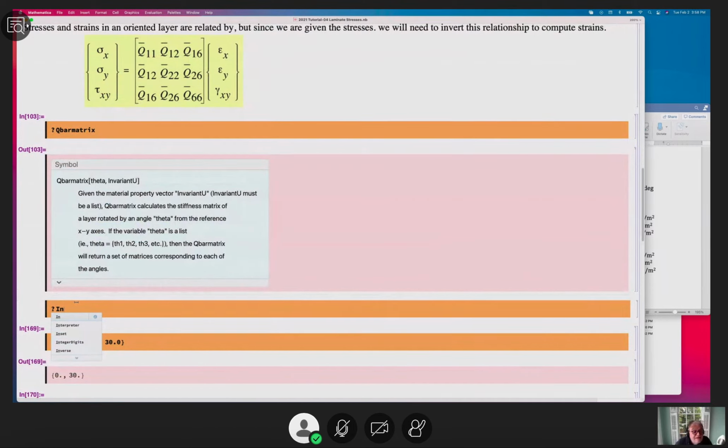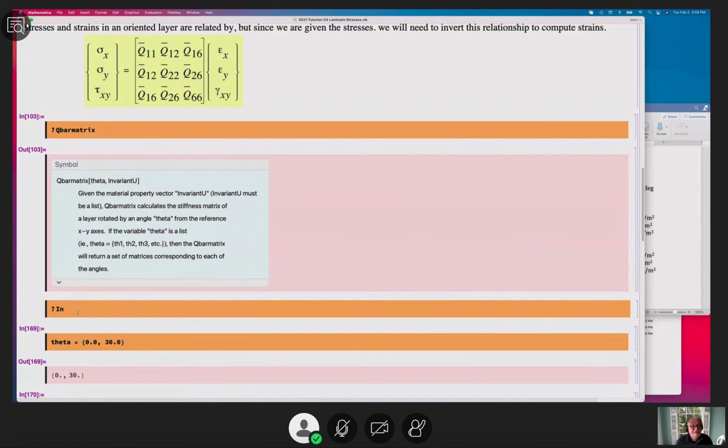Invariant U. There's a lot of Mathematica built-in functions based on the invariance.